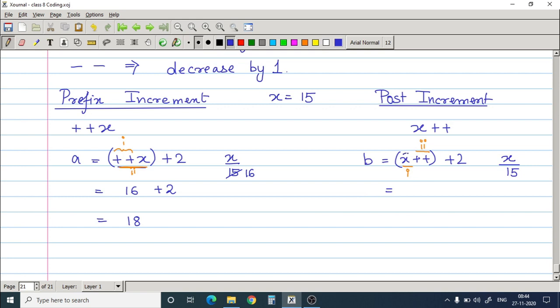When you substitute the value, the present value is 15, and after you put it over here, then you add 2, which equals 17. So you can straight away see how the postfix and prefix increment has affected the final value of a particular expression.